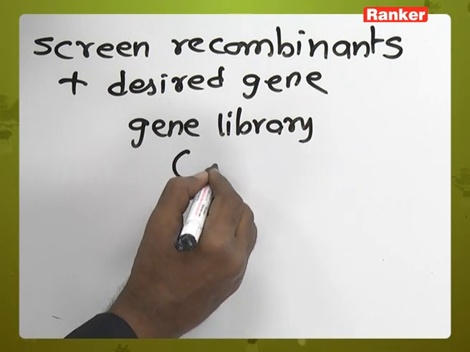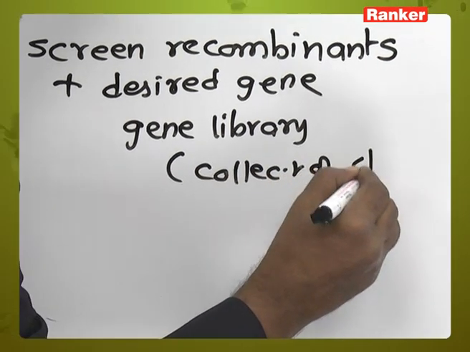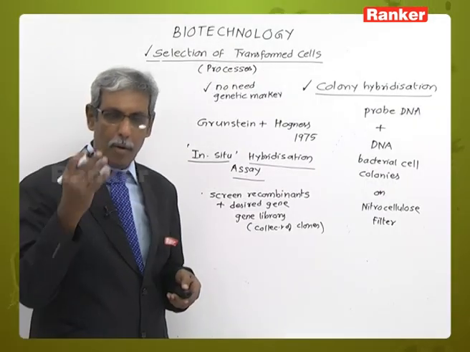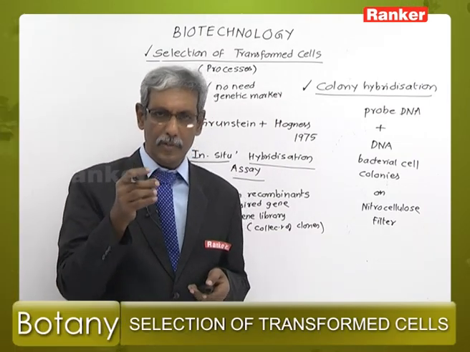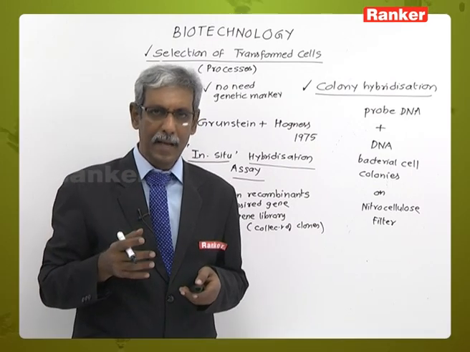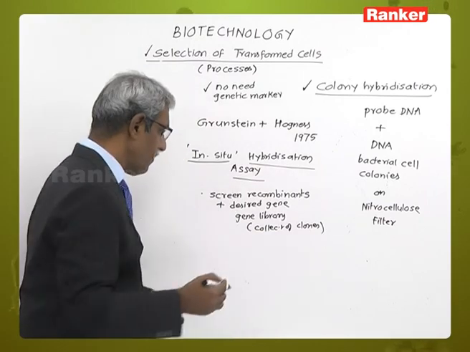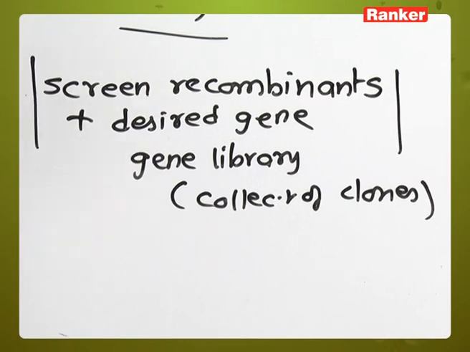A gene library is a collection of gene clones. Imagine a room with lot of petri dishes, and in all the petri dishes you got a gene of interest which is amplified, and you want to select which is the most important recombinant gene. Then from the gene library you can do screening and you can select your desired gene.